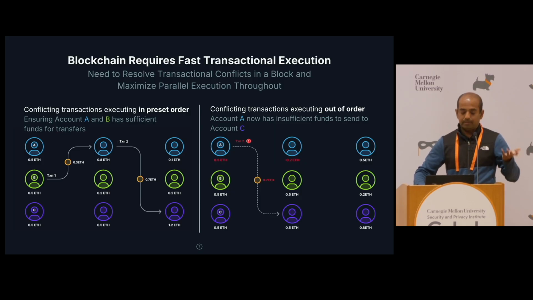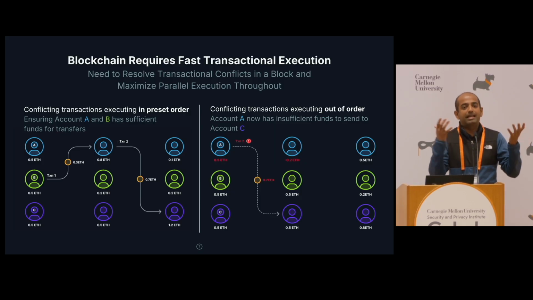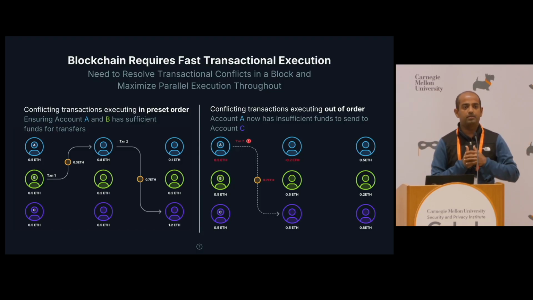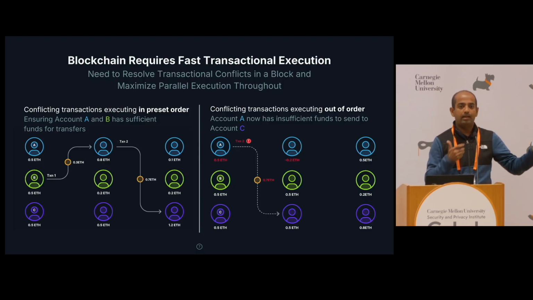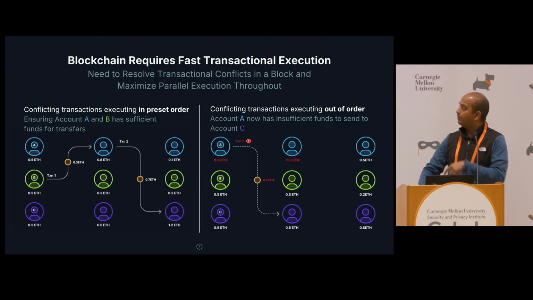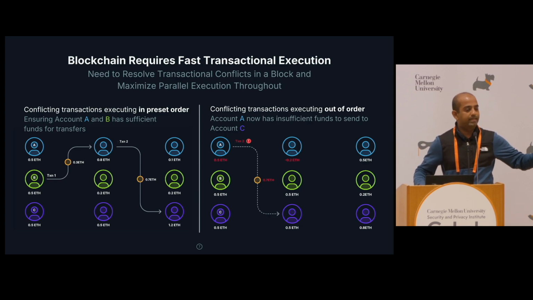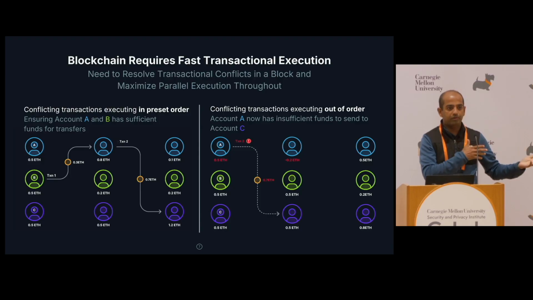The problem is that you have to respect this happens-before relation. This is a distributed system. There is no time, there is only causality. So you have to respect the intricate relationships in terms of who reads state from whom and the order in which that is executed. Otherwise you run into this classic scenario, where you think that there is a certain amount of state in an account, but there isn't, because you executed the transactions in a different order.